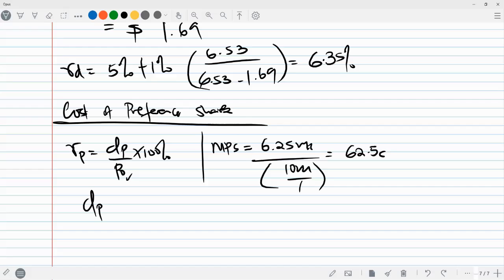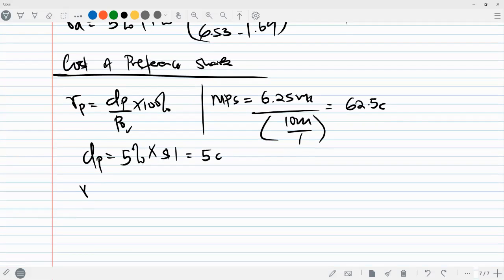Having obtained the P note, we need to get the preferred dividend. Now these preference shares are paying dividend at a rate of 5%. We multiply by the nominal value, which is equal to $1. They have to give therefore 5 cents to be the preferred dividend. Therefore, the cost of preference share is the dividend 5 cents divided by the market value 62.5 cents. We express as a percent to give us how much?